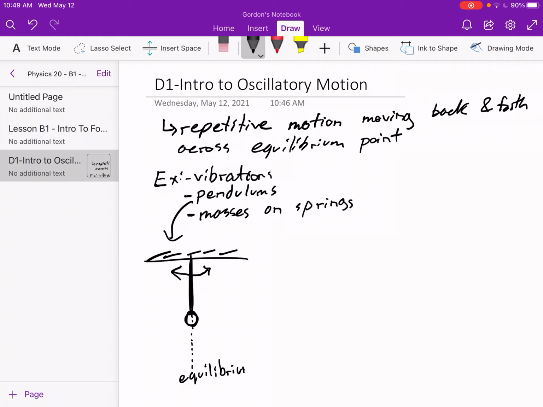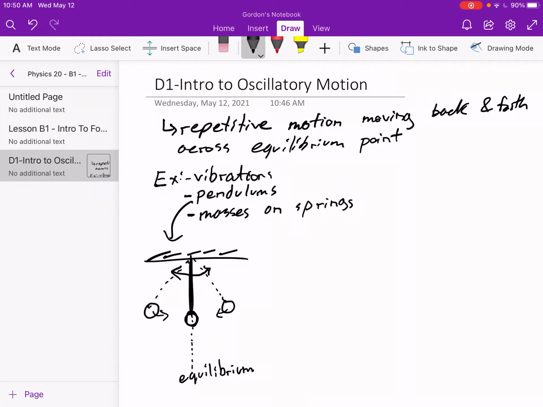If I pulled this pendulum to the side, it would swing back towards the middle, and it would swing back over here. And it would keep on repeating this over and over.